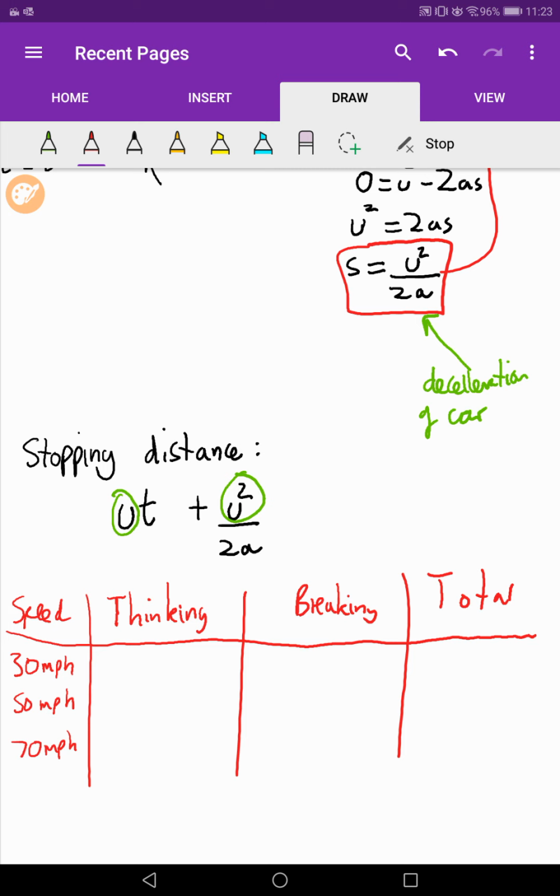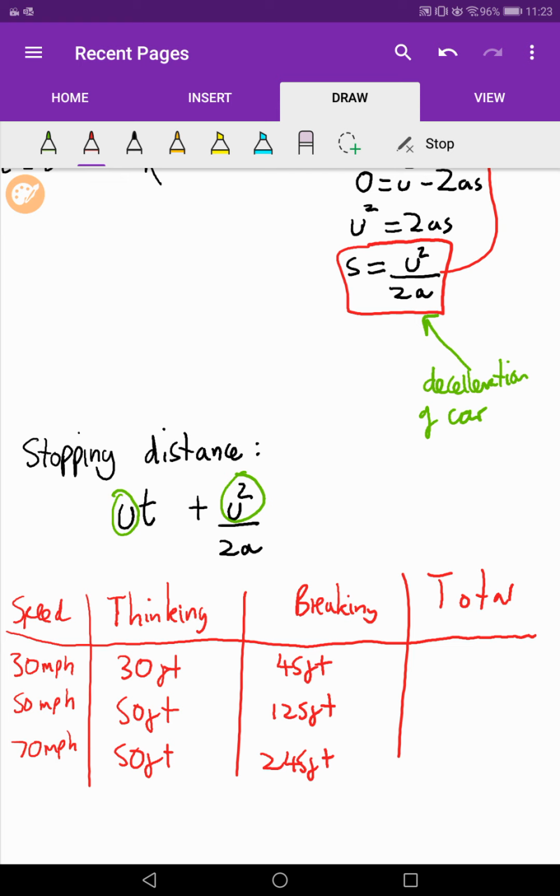Thinking distance goes up quite linearly. 30 feet, 50 feet, 70 feet. Braking distance, 45 feet, 125 feet, 245 feet.